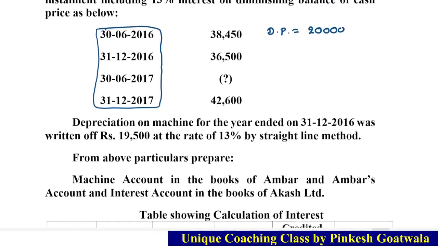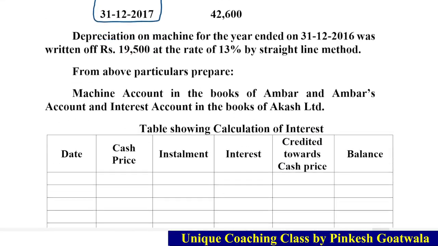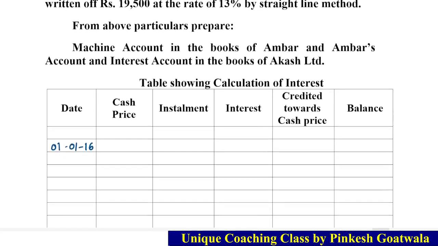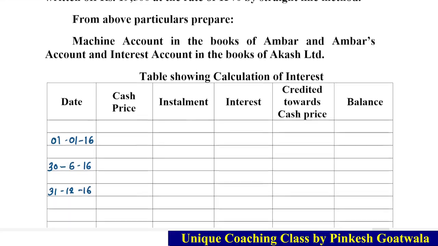So let's start our table, the calculation of interest. 1/1/2016. Then installment is paid every 6 months. First 30th June 16, then 31st December 16.